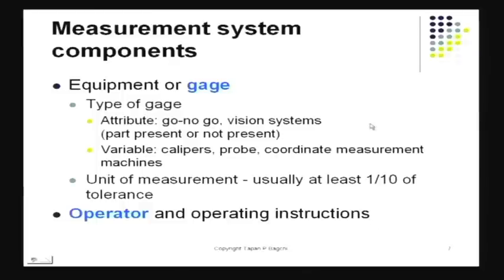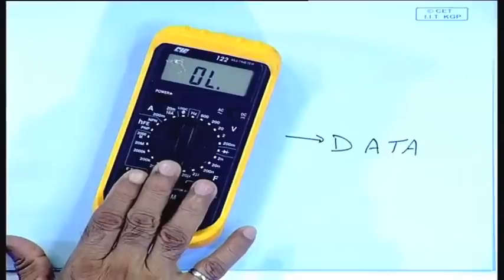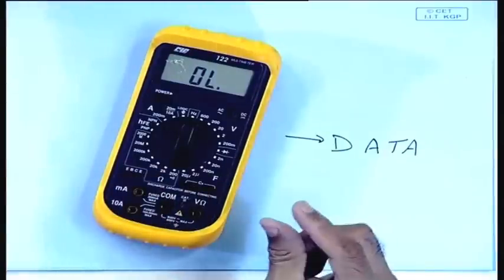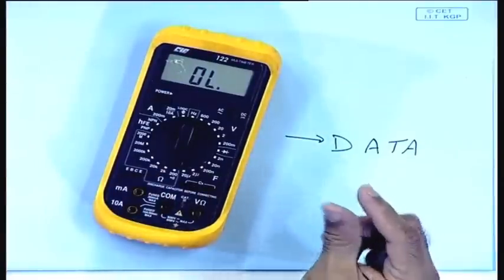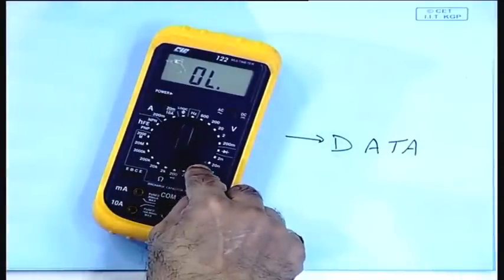Let's take a look at some of the components of what actually introduces the additional variation due to the measurement system not being perfect. The first source of variation could come from the gauge itself. I take the same gauge and use the same part, let's say some voltage that is coming out of a battery, and I try to measure that in the system here.